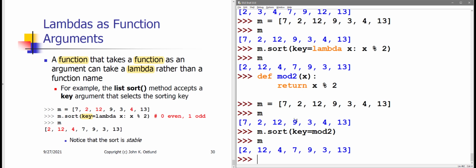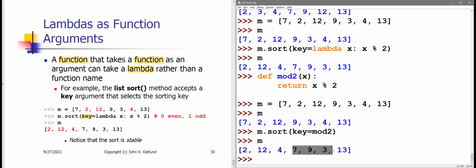I do want to say one last thing about the list sort method. The sort method does what's called a stable sort. That is, notice in the sorted result, the even numbers 2, 12, 4 are in the same order, 2, 12, 4, that they were in the original list.